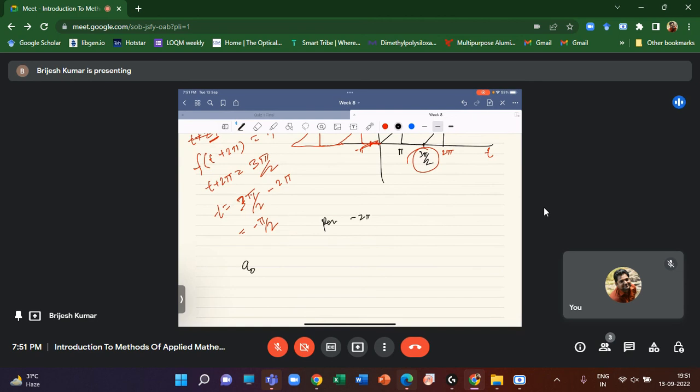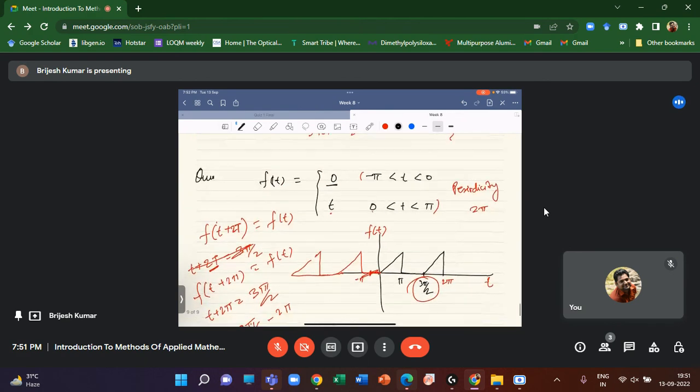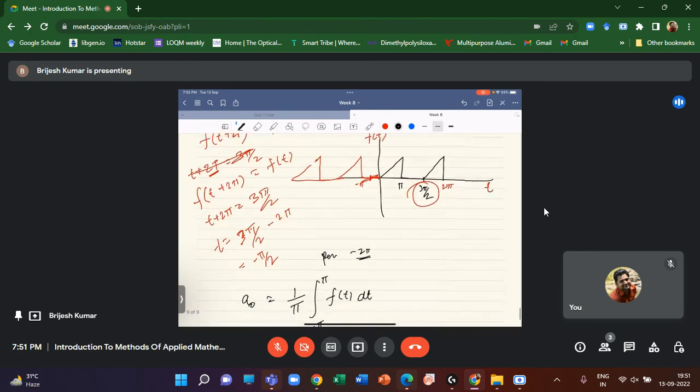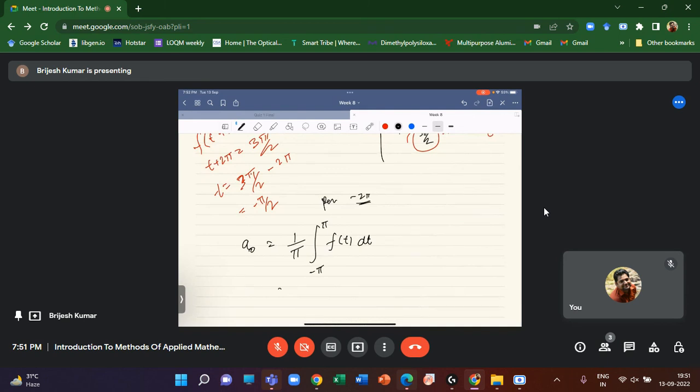So again we go to 0, and we have 1 upon pi times the integration from minus pi to pi of f of t dt. But now our function from minus pi to pi is different, right? So we have to split this limit into minus pi to 0 plus 0 to pi.